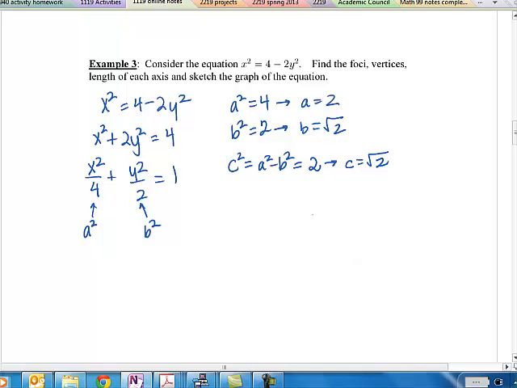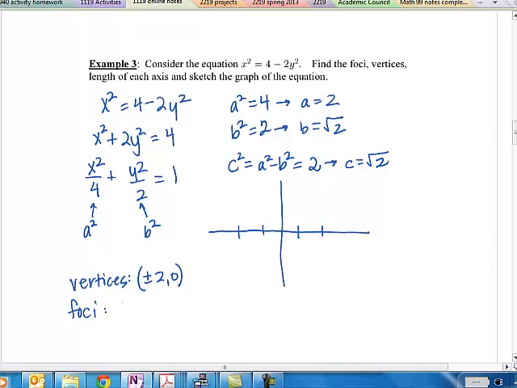Because x squared had the larger denominator, we know that the major axis is going to be horizontal. So we've got (2, 0) and (-2, 0) for the vertices. And the foci will be on the x-axis, so the y-coordinate will be 0: (positive or negative square root of 2, 0).